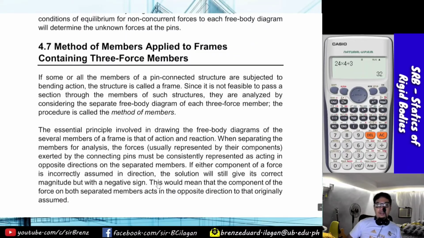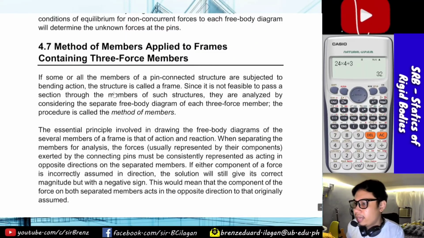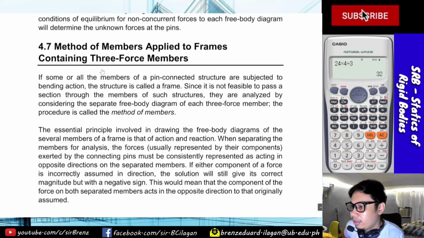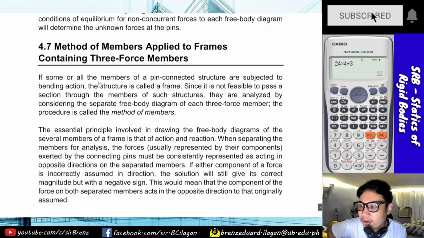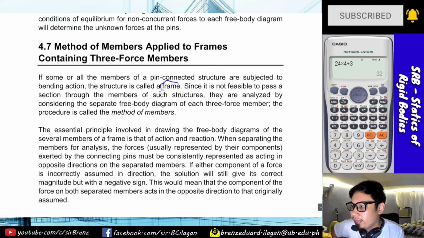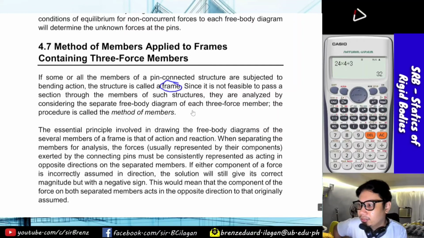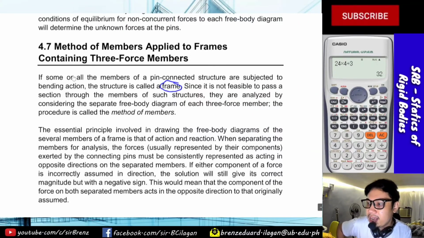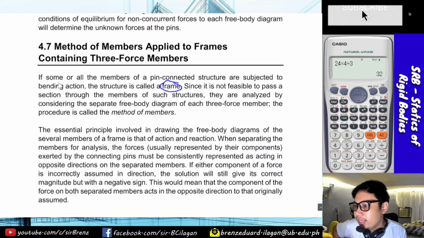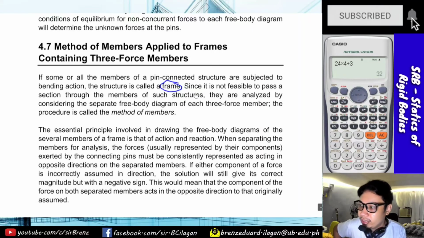Okay, so the method of members applied to frames containing 3-force members. If some or all of the members of a pin-connected structure are subjected to bending action, the structure is called a frame. So it is a 3-force member, and it is subjected to a bending action or bending force.